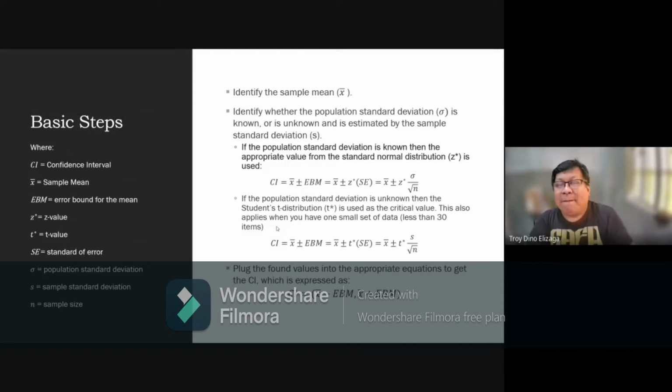After we get the sample mean, x bar, we identify whether the population standard deviation, which is represented by sigma, is known or unknown, and then whether it is estimated by the sample standard deviation, which is represented by S. If the population standard deviation is known, then the appropriate value from the standard normal distribution, Z value, is used. The symbol I used here is Z with the asterisk.